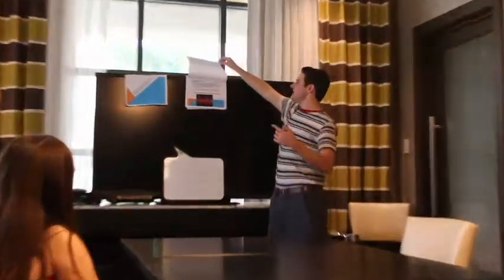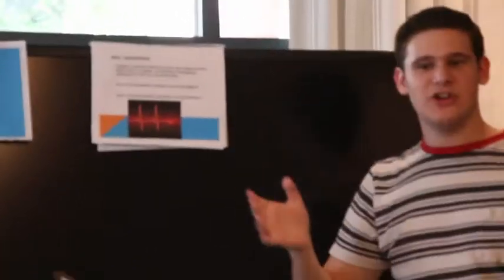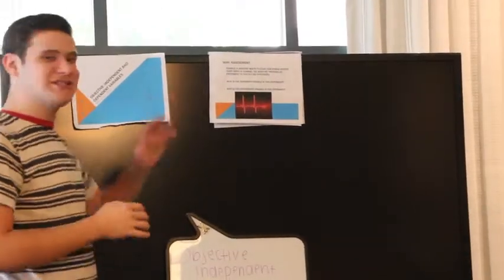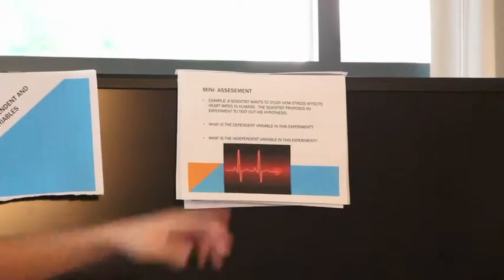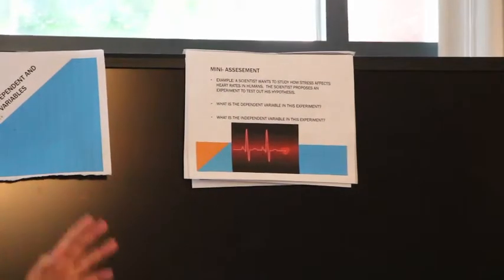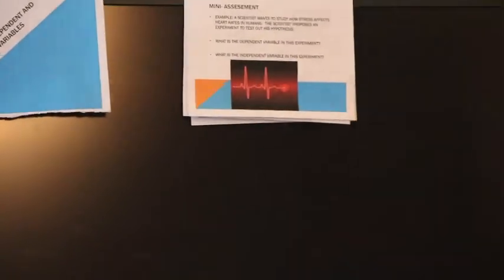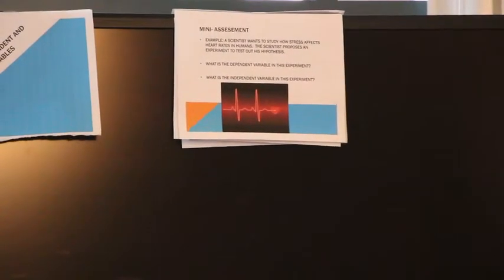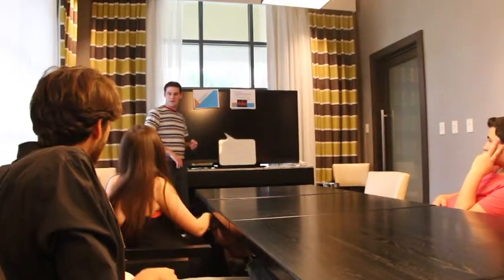So I want to test you guys. I want to do a little mini assessment here to see if you guys know how to do this stuff as well. Okay, here's our example. A scientist wants to study how stress affects heart rate in humans. The scientist proposes an experiment to test out his hypothesis. What's the dependent variable and what's the independent variable? Well, does anyone know the independent variable in this? Yes, Kate? The amount of stress. Good job.